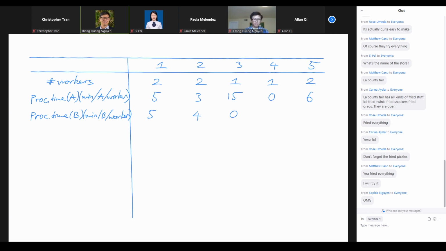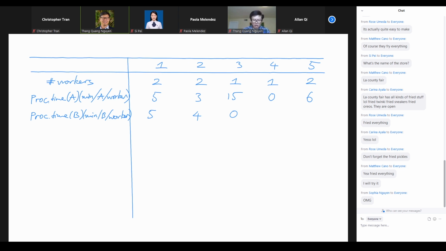The burgers will skip number three. For example, if number three is an ice cream machine, then the burgers will skip the ice cream machine, right? Except if you come up with a recipe where you put the ice cream into the burger, then that's not a skip, but the common sense is the burgers will skip the ice cream machine.